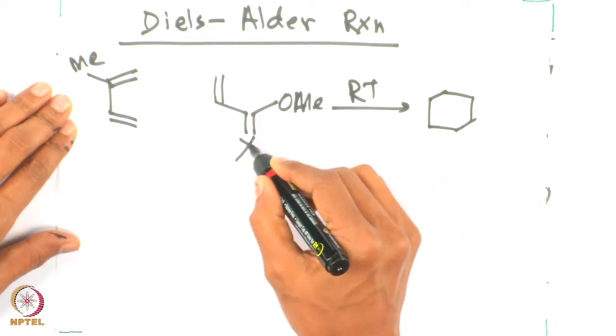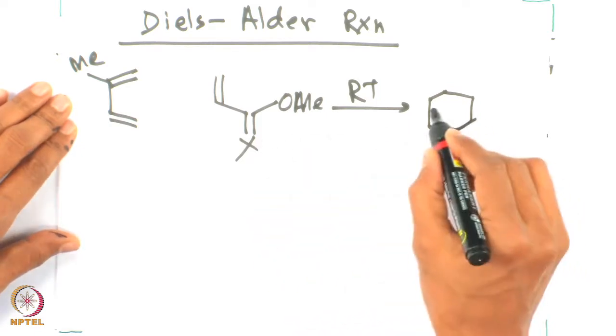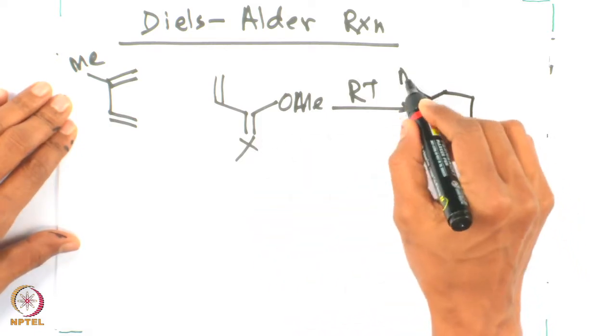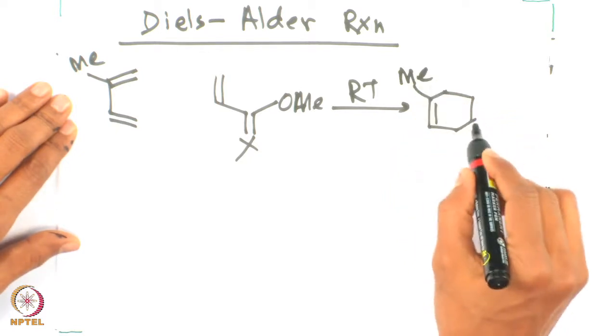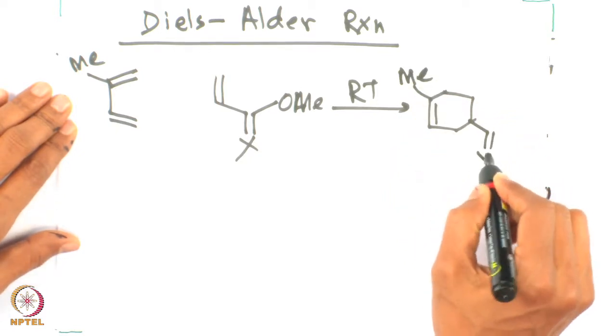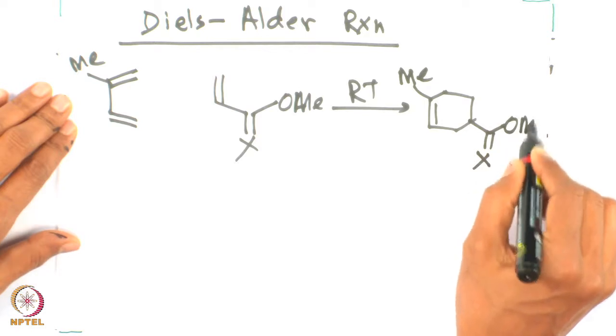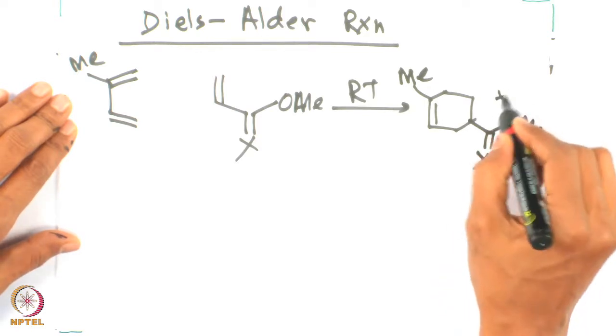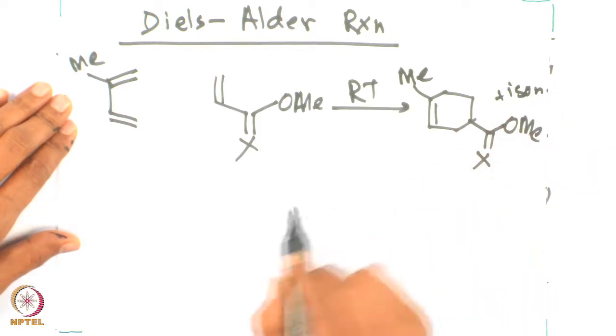This reaction, even when X equals O, does work, but as it turned out, it is a little bit longer. How long is it? Of course, you have the other isomer as well.